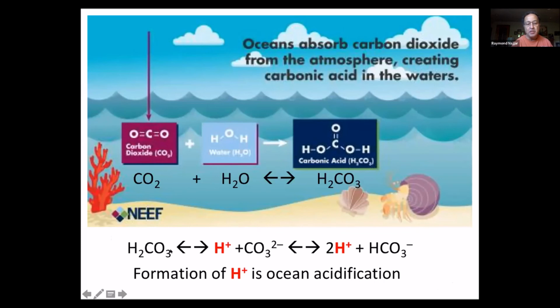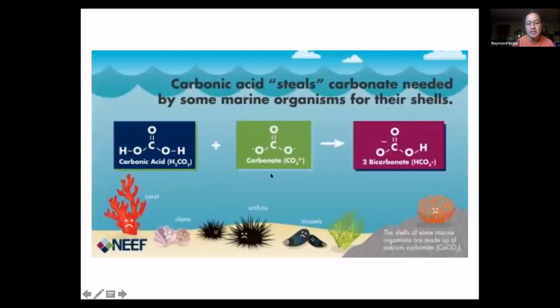And the truth is that this ends up reacting with this and forming bicarbonate ion. So why does that matter? Well, I don't think I wrote the equation here, but to form calcium carbonate, that's CaCO3, you need this carbonate ion. And that's going down with time.